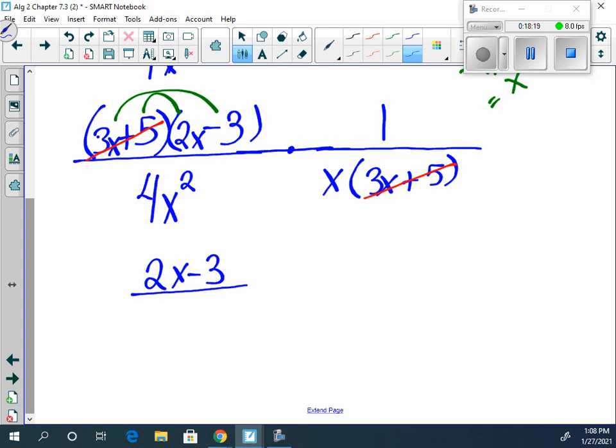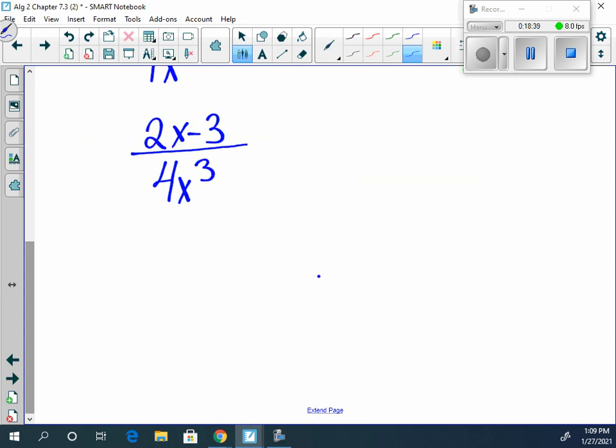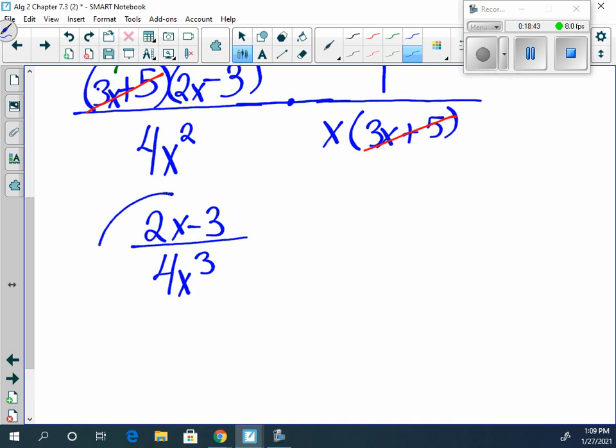It'll still be 2x minus 3. Now on bottom, we will have 4x what? 4x cubed, because x squared times x will give us x to the third. And this here is our answer.